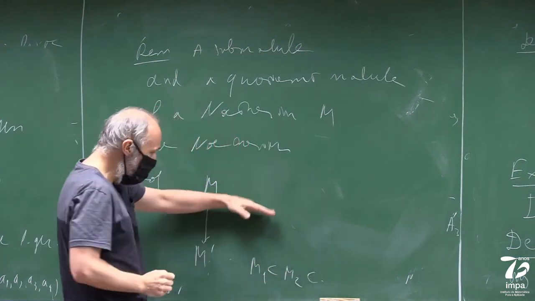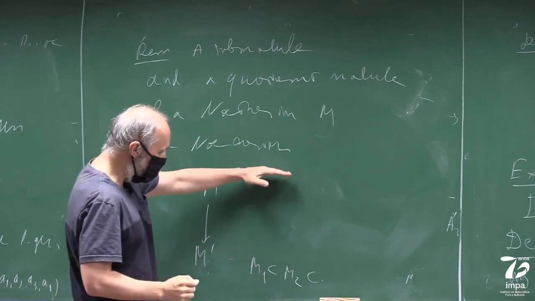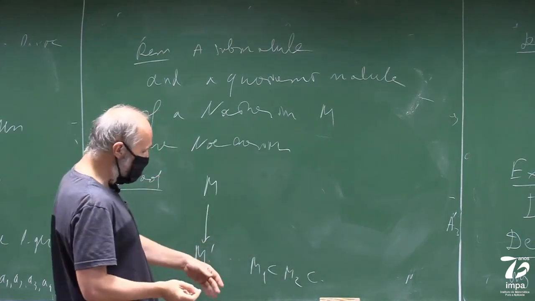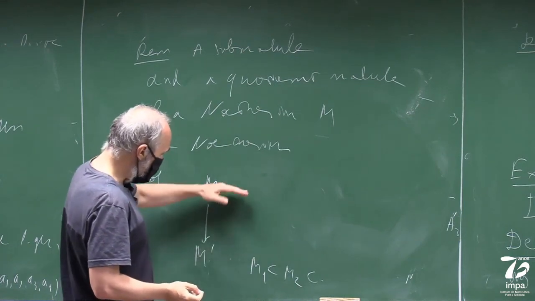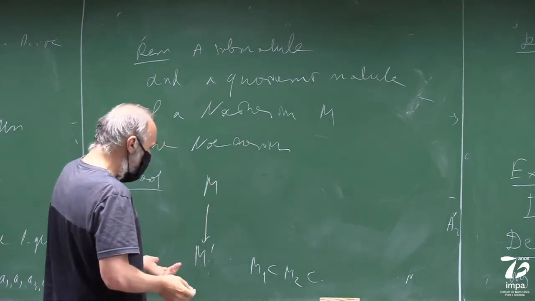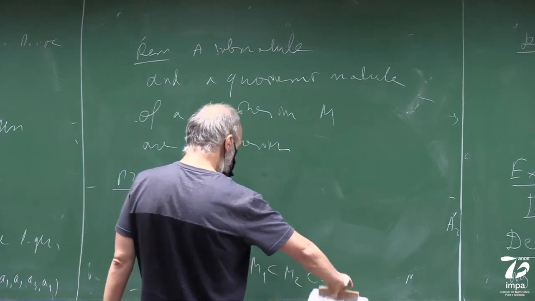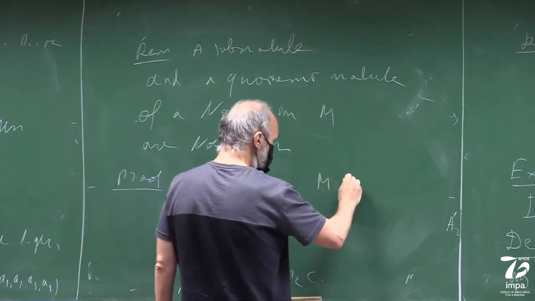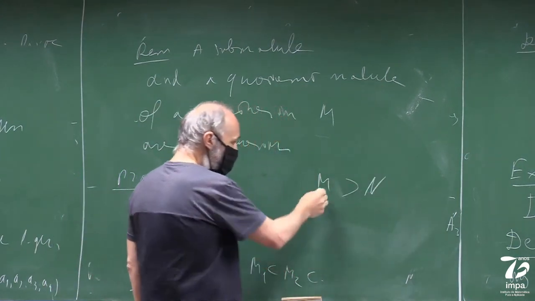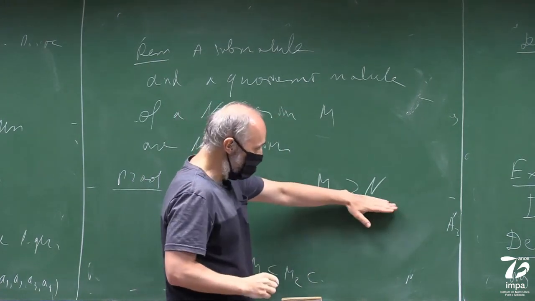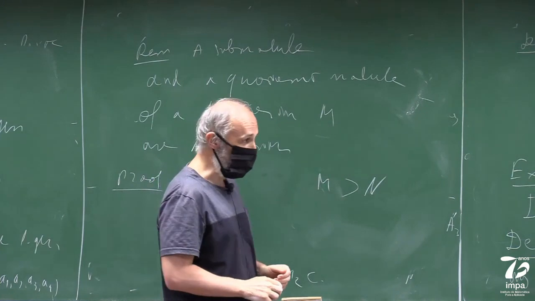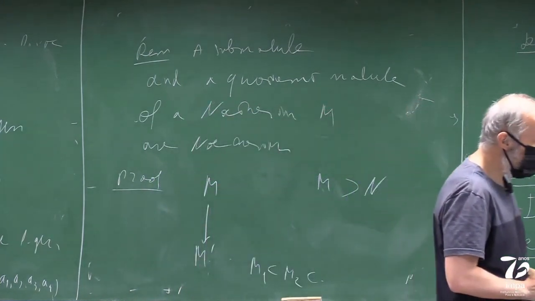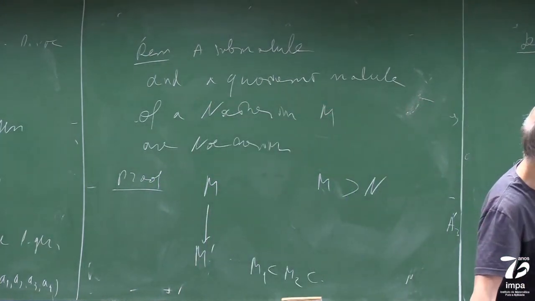You take the pre-image, it's surjective, so the pre-image will be a strict sequence, which is impossible because M is Noetherian. And if you have a submodule N in M, and you have a chain of submodules there, this chain is a chain of submodules in M, so it has to terminate.